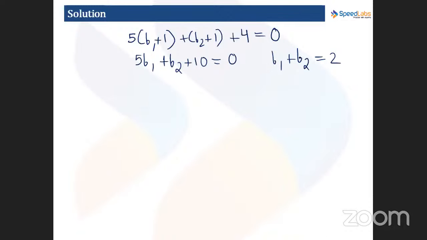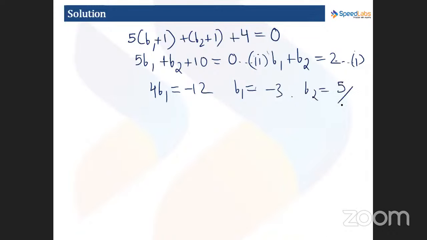So if I take this as equation number 1 and this as equation number 2, I can solve these to get 4B1 equal to minus 12, which means B1 equal to minus 3. And if I put this B1 here, I get B2 equal to 5.